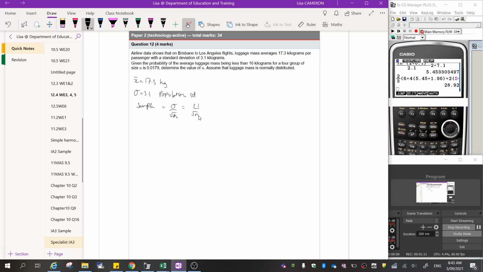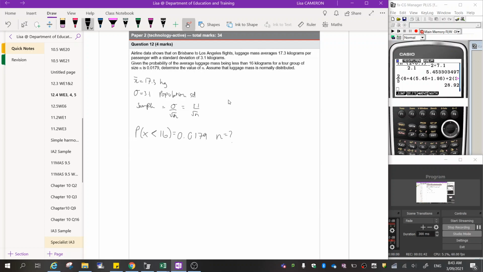Okay, so given the probability of the average luggage being less, little one eats the big one, less than 16. Now, if it's just less than, I wouldn't be including it. It won't matter for this, but just in case. A probability of 0.0179 for a tour group that is size n.